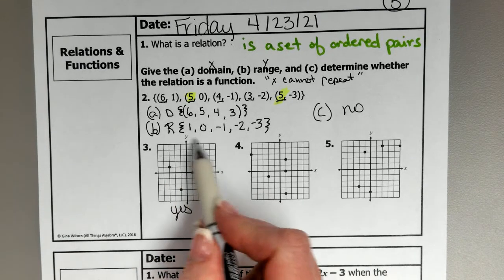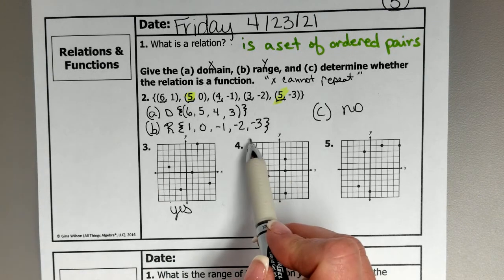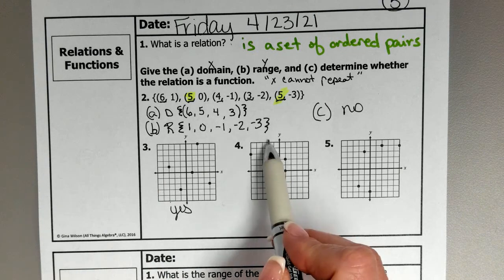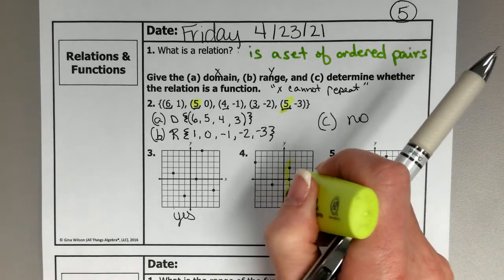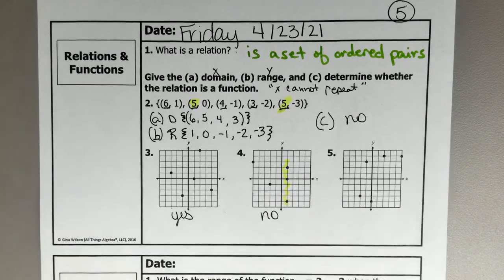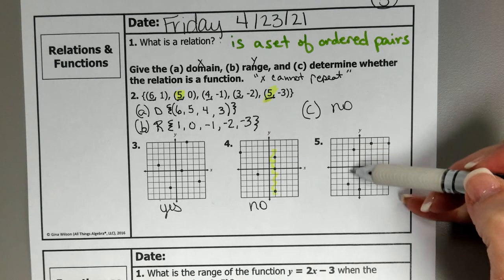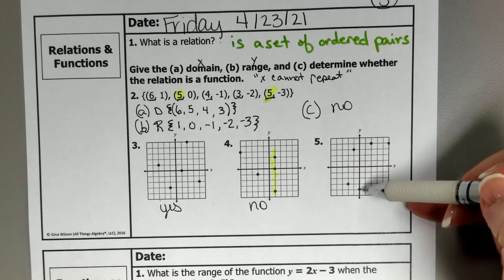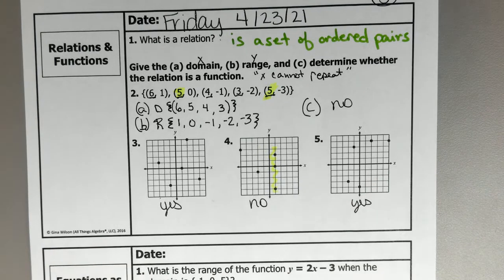If I listed all these ordered pairs, all the X's would be unique. All right, for number 4, that point's good, we're good, no. All of these X's would be the same for those points, so no, that is not a function. All right, and number 5, we're good, yes, yes, yes. So yes, that is a function. Okay? So that's all it's asking you to do.